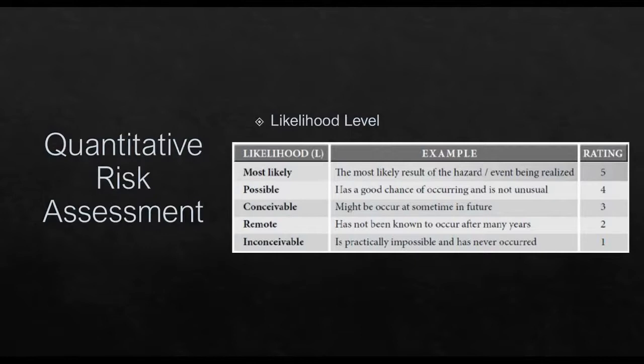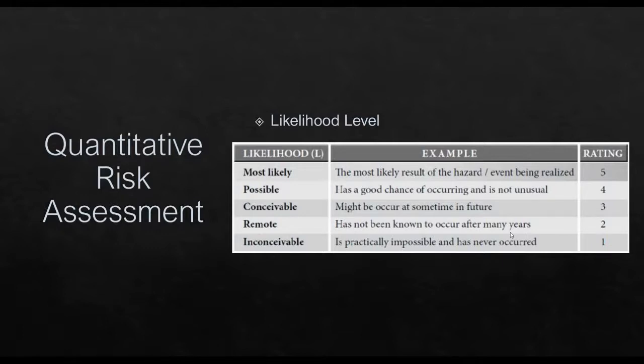Okay, and then at the end, we realize that for that hazard the likelihood level is inconceivable, so it's impossible to occur the injury or harm to other people, harm to the property, for example. It's never occurred, so the rating is number 1. Okay, and then remote level has not been known to occur after many years.